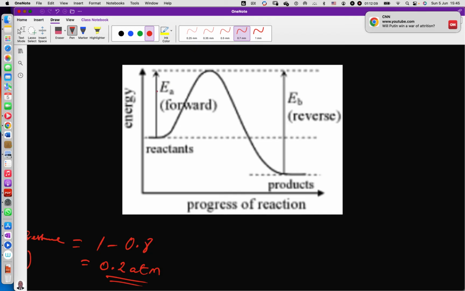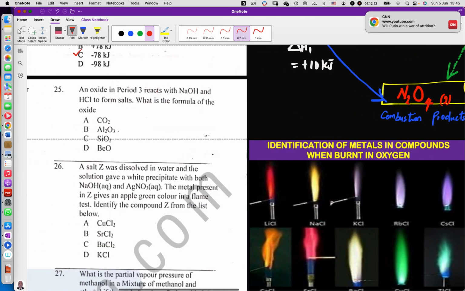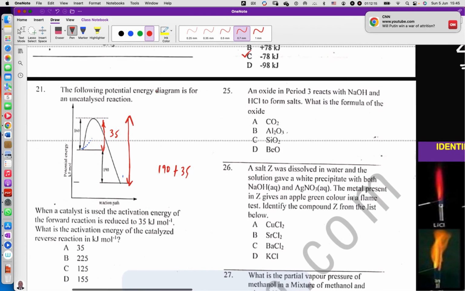So let's go back. This is the activation energy for the forward reaction. Instead of 160, it has been reduced to 35.